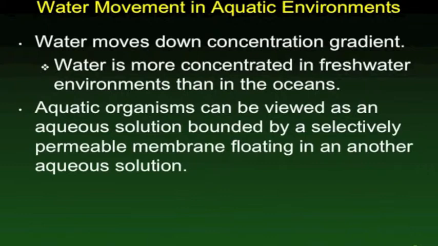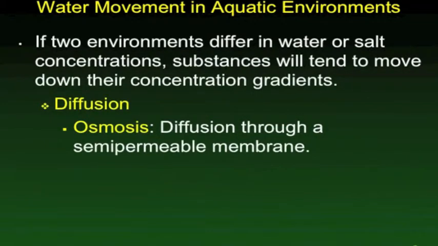So an organism that's in fresh water tends to take water on because it's like a cell with a semi-permeable membrane around it, and there's more water on the outside than on the inside, so water tends to move across that membrane into the organism. This movement of water through the semi-permeable membrane is diffusion, and in the case of water movement, we call it osmosis.